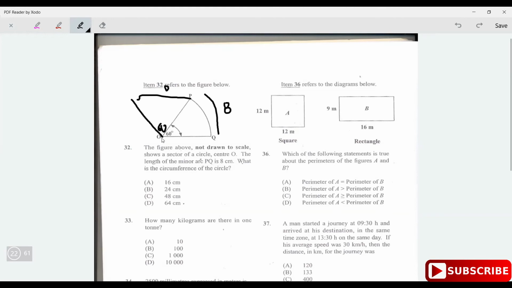And if I construct another sector right here with this angle being 60, then the length of this minor arc would also be 8. This would then be half of the circle. So half of the circle is, let me see, that's 16, that's 24. Times 2, you get 48. So that means that the circumference of the circle would be 48. Nice.